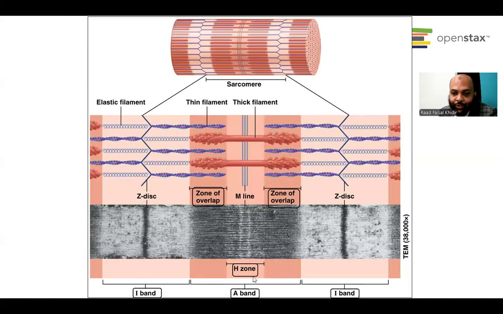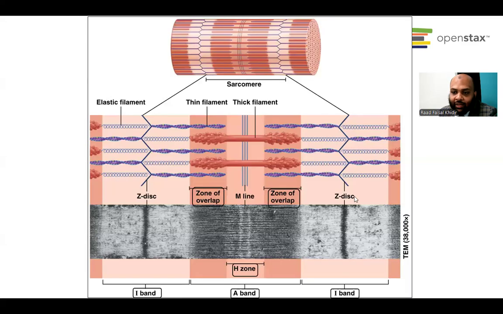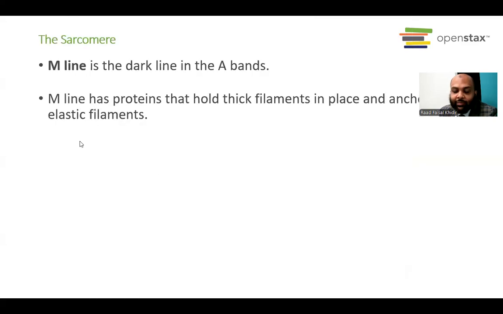There's an H zone in the middle. The M line is the dark line in the A band, and the M line has proteins that hold thick filaments in place, and they anchor the elastic filaments.